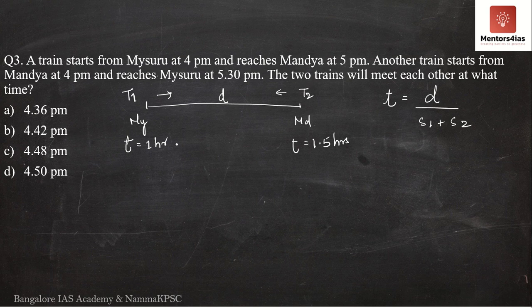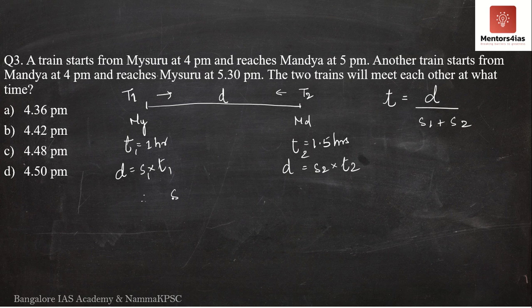However, can I say that distance over here is nothing but speed 1 into time T1? Here this is T1, this is T2. Similarly, distance over here is nothing but S2 into T2. Distance is equal to S1 into T1. Distance is also equal to S2 into T2.